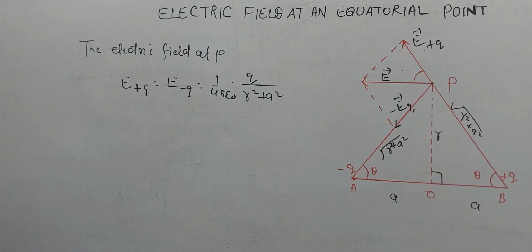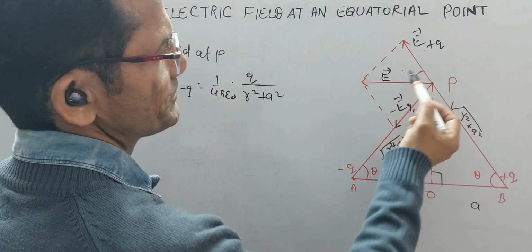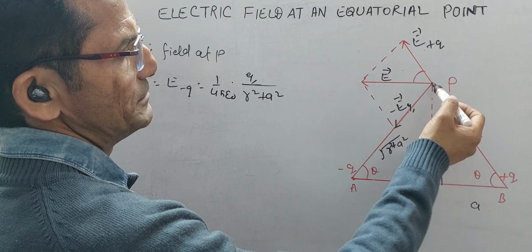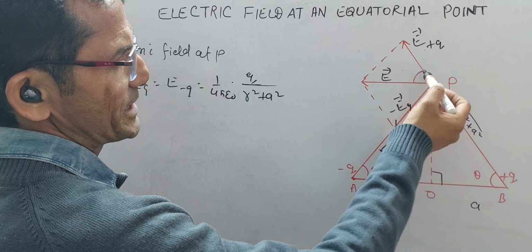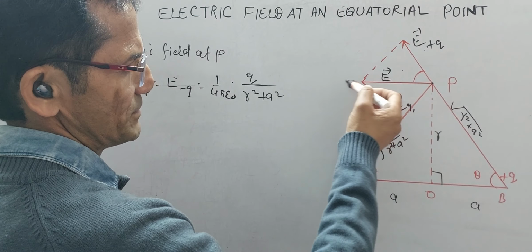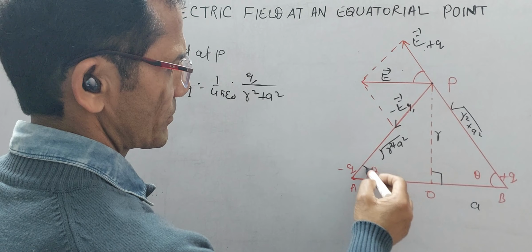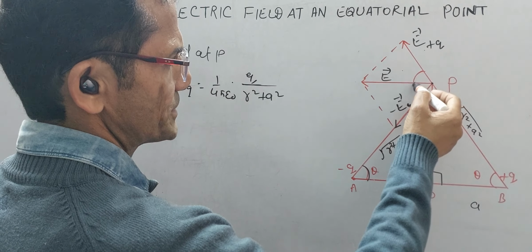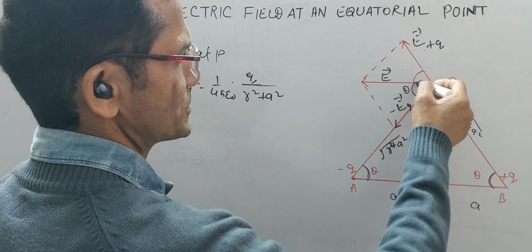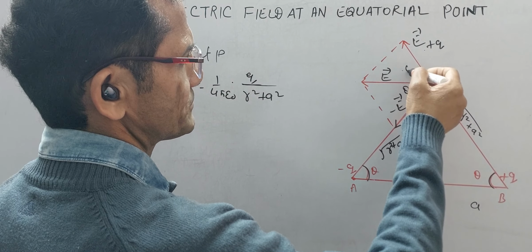So this resultant will be along the bisecting angle of this and this one. So this is theta, this is also theta. Now this is theta and this is the corresponding angle, it will also be theta.